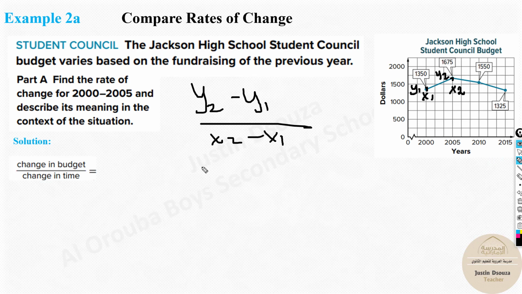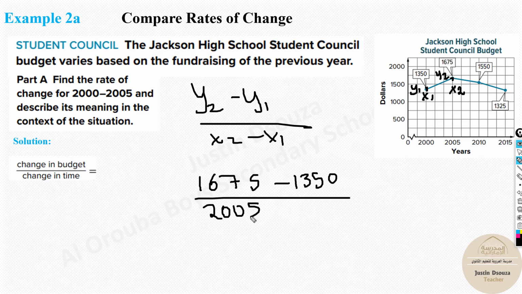Now x2 is 2005, the later year. Sorry, it starts with y2, not x2. So y2 is over here, given: 1675 minus 1350 divided by 2005 minus 2000. That will be 5.